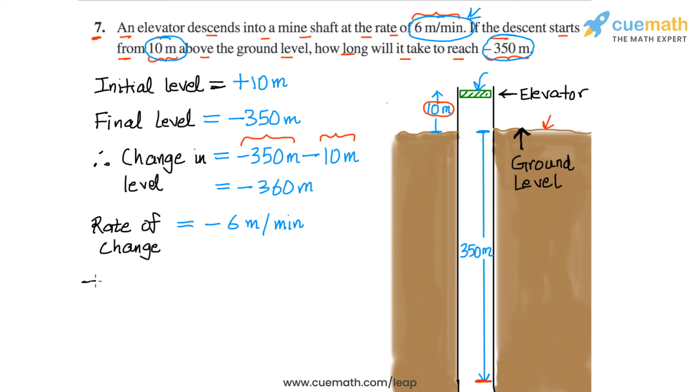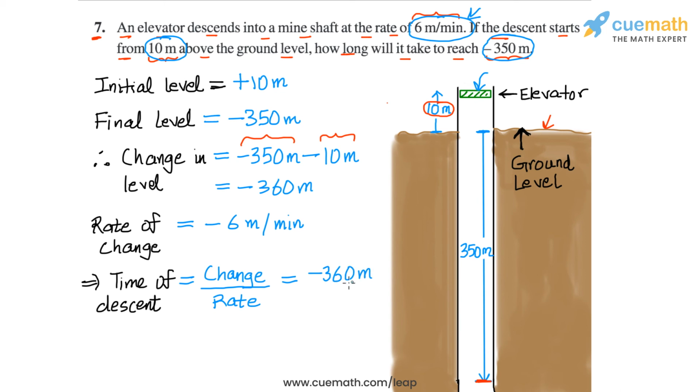From here, the time of descent, the time which the elevator takes to go from plus 10 meters to minus 350 meters, will be equal to the total change divided by the rate of change. The total change is minus 360 meters, which we calculated, and the rate of change is minus 6 meters per minute.